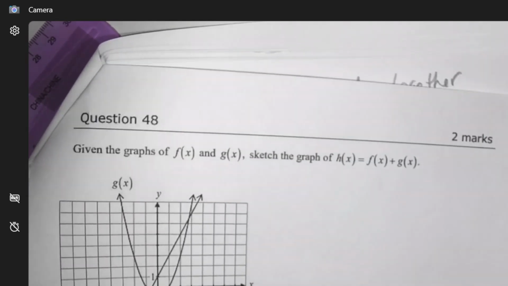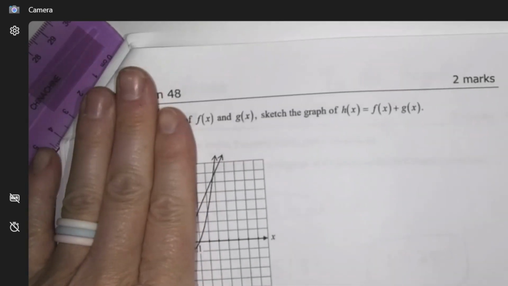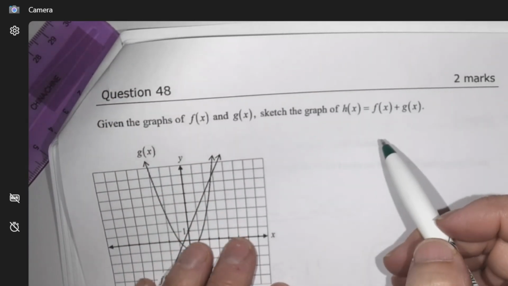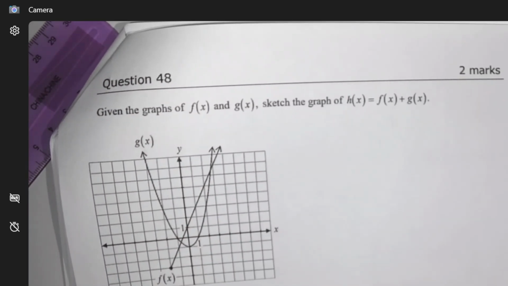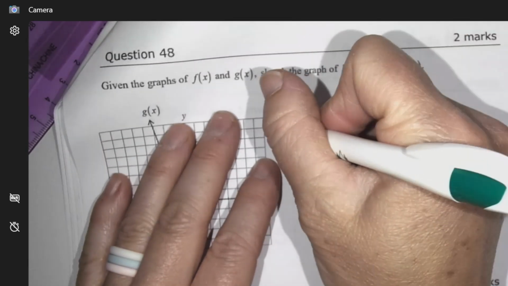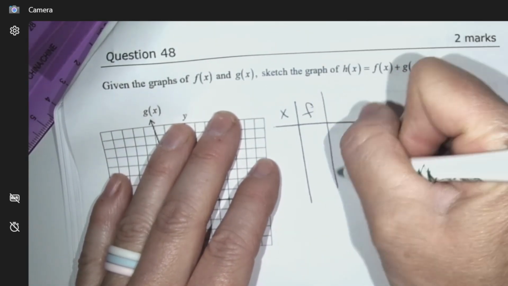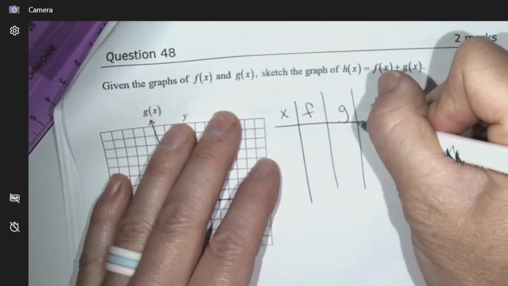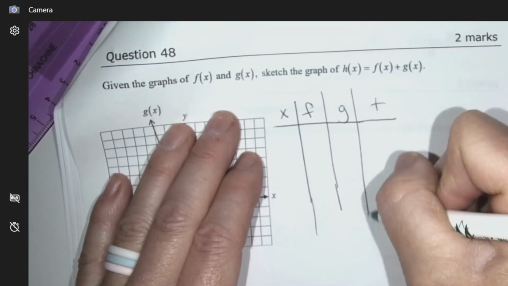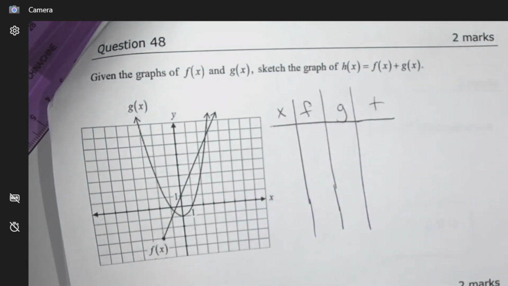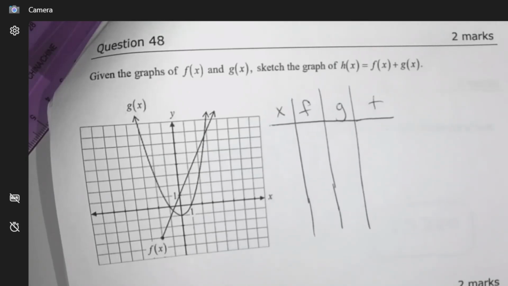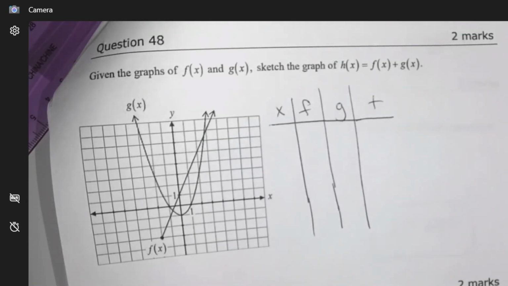Okay, 2 more. We can do it. Then we're done. Okay, we're going to sketch the graph of h of x by adding 2 functions together. So I'm going to go x, an f column, a g column, and an add column. Where does our domain start?